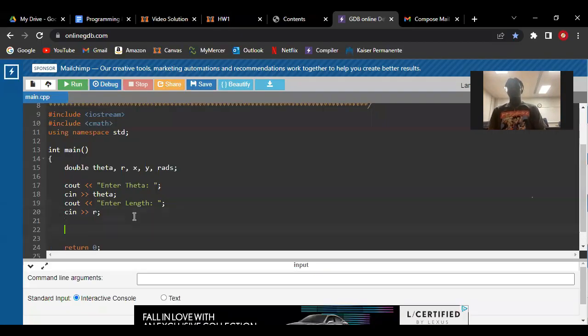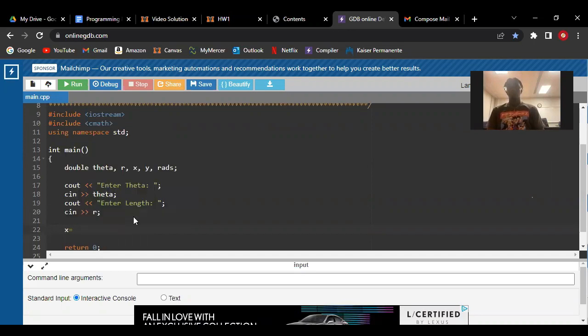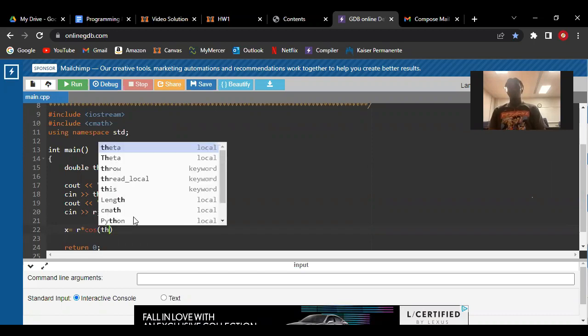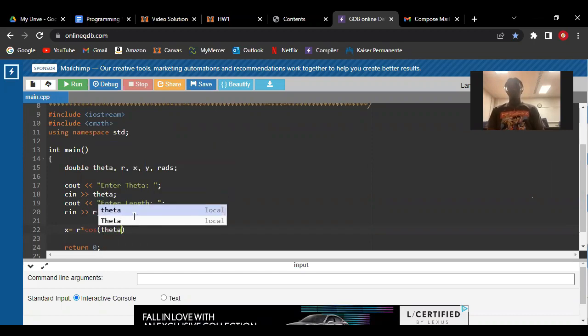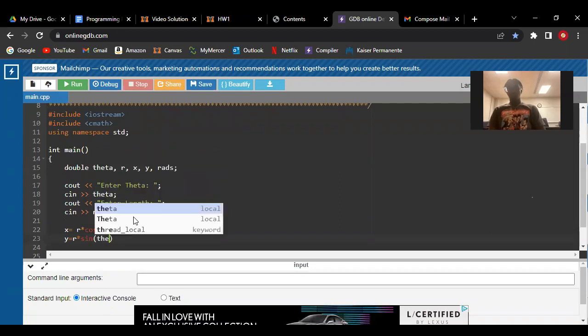So what you're going to want to do then is have x be equal to r times the cosine of your theta, and y be equal to r times the sine of the theta.